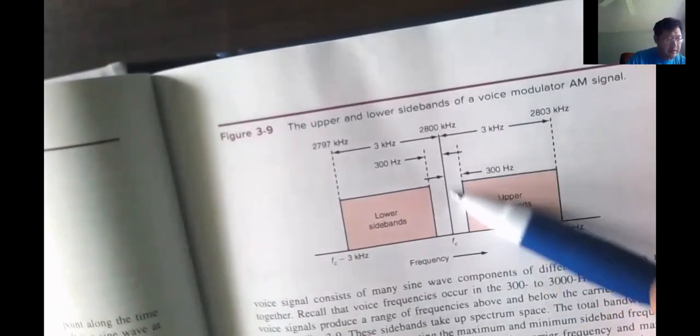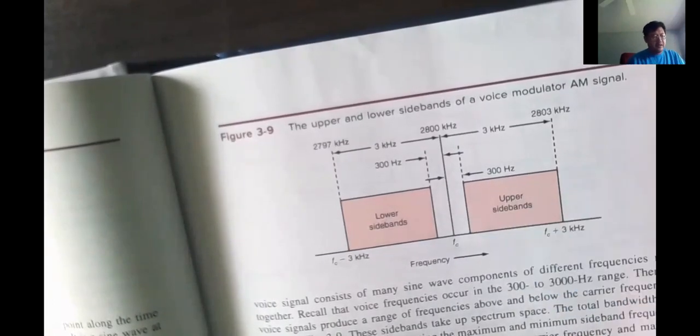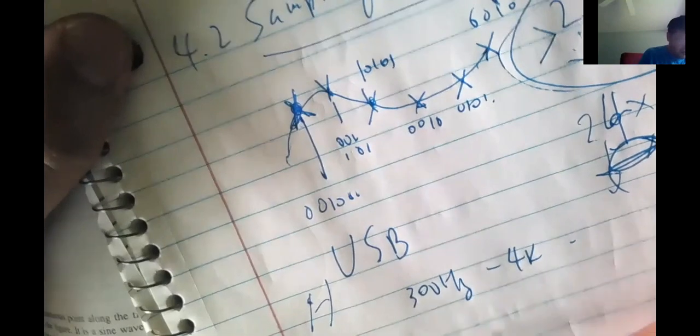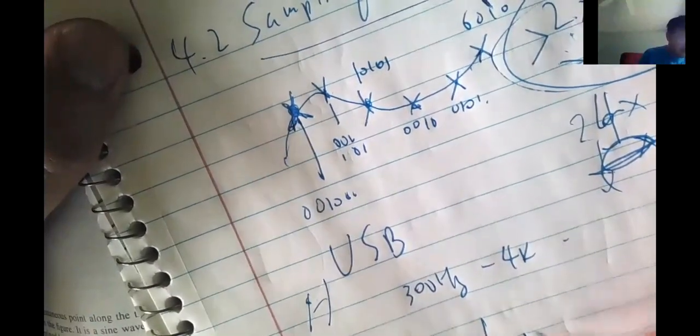This is a carrier, and if your modulating signal has only one frequency, 1K, with a 20K carrier, then you have 21K and 19K. So that's all you have if the modulating signal is only 1K.